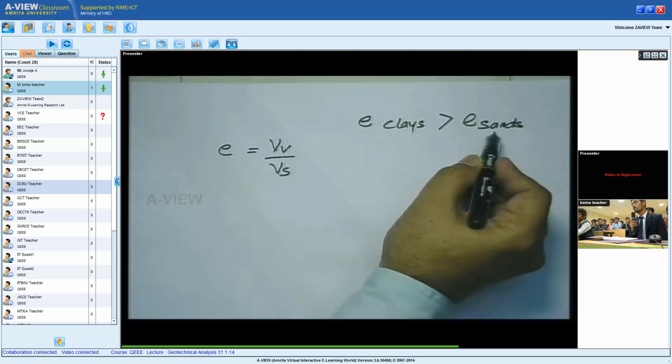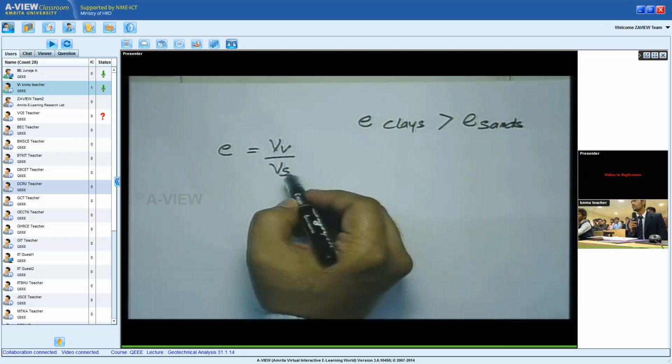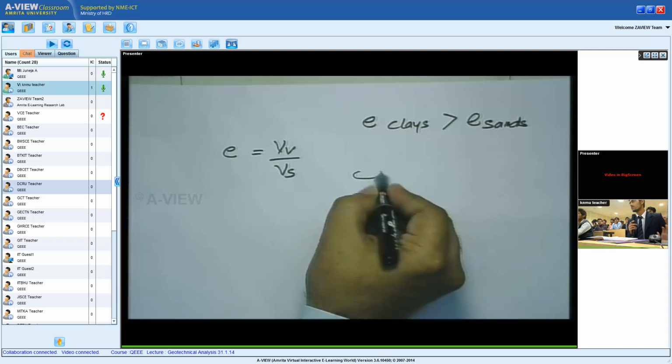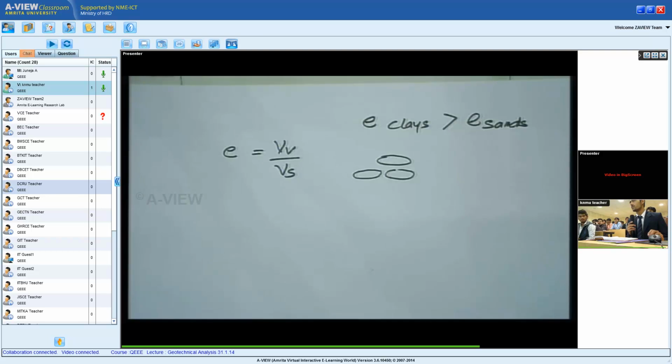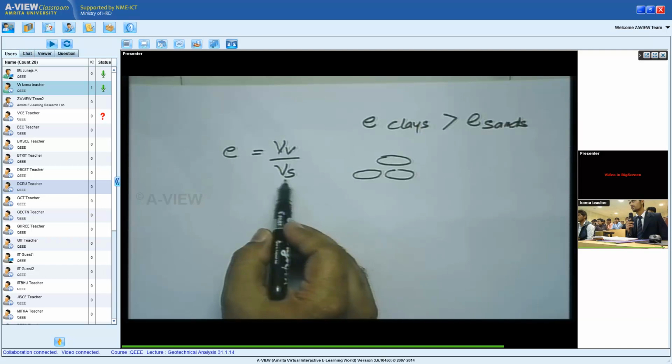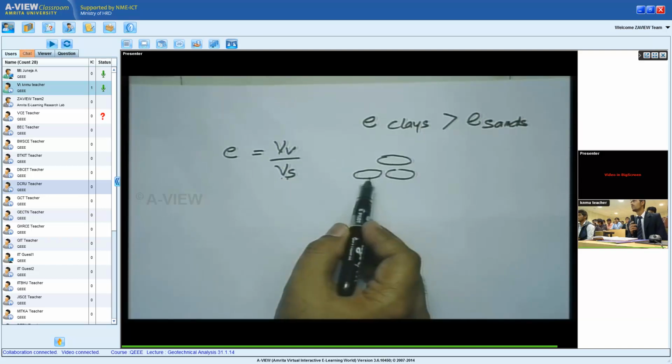Let's look at sands very carefully. In sands, you have a soil particle which is bigger than the particle of the clay. So I have volume of solids, the denominator, which is large.